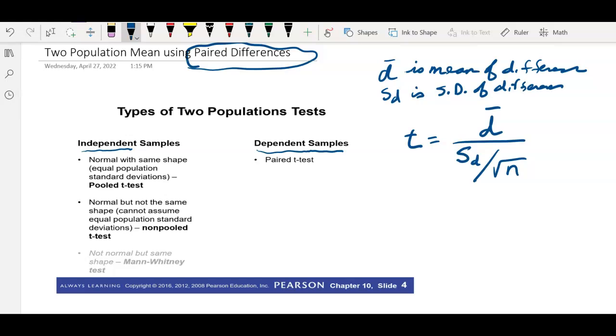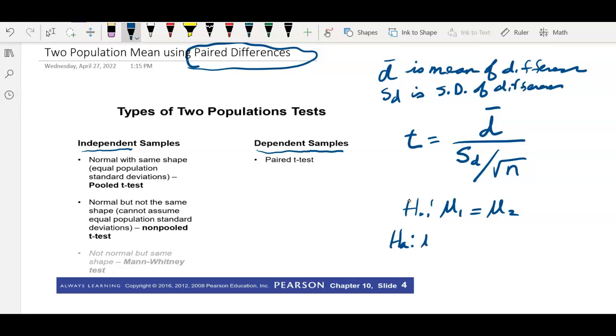When we're setting up our hypothesis, it is still very similar in that our null hypothesis is still comparing the mean of sample 1 with the mean of sample 2. And for that null hypothesis, we're going to just go with the assumption that they're equal to each other. The alternative is really going to depend on the question that you're being asked, right?